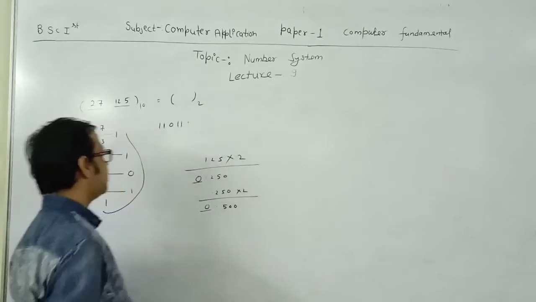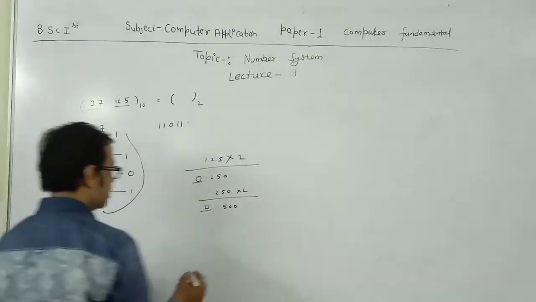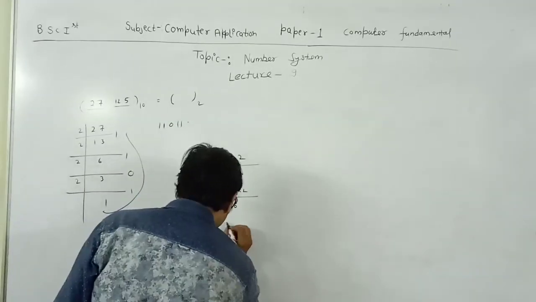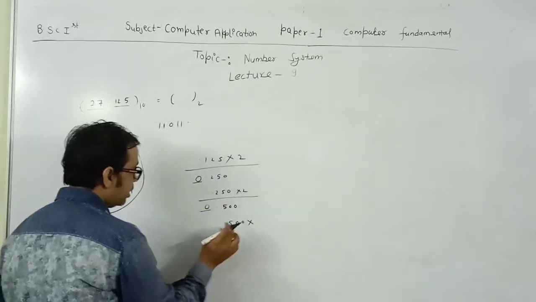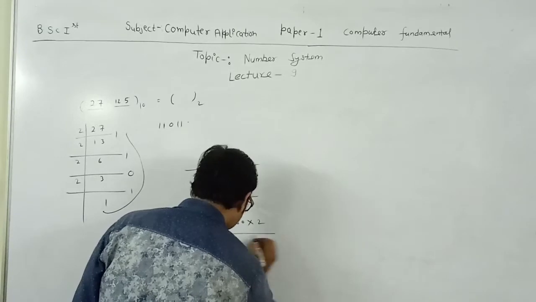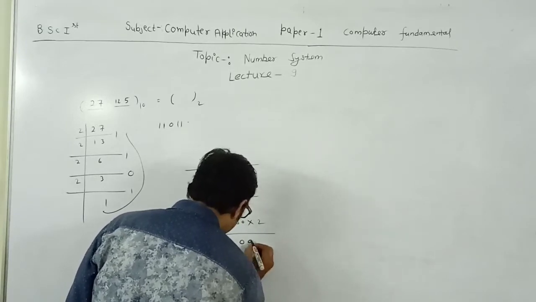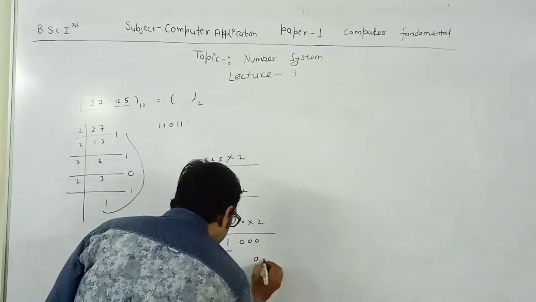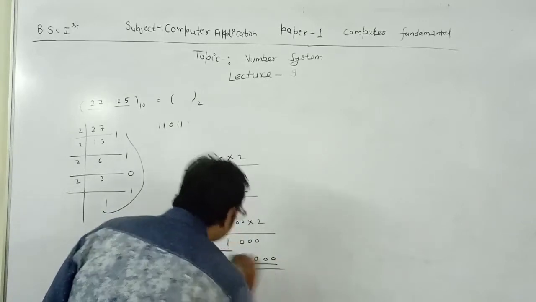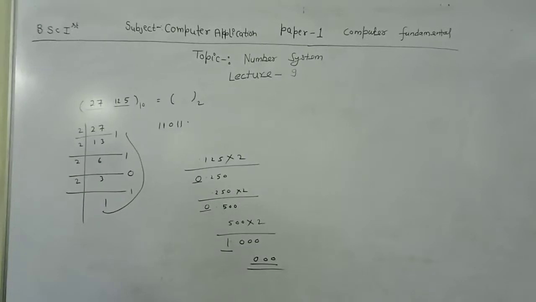Now the integer part is 0 again. So take the fractional part and multiply with 2. It gives you 1.000. Take this integer part, and now the fractional part is 0, so no need to multiply further.